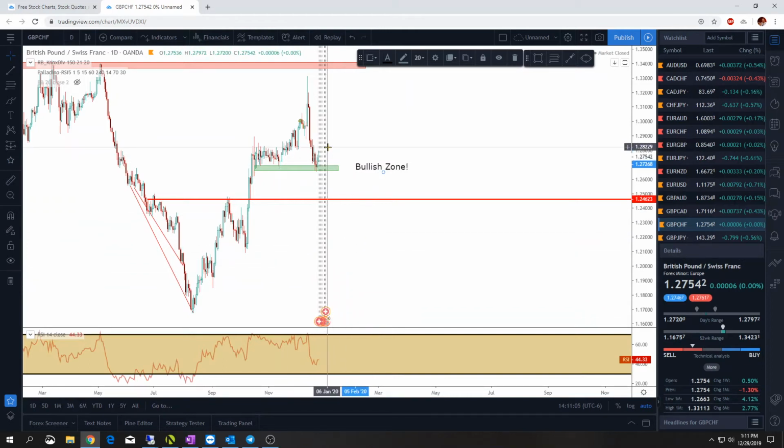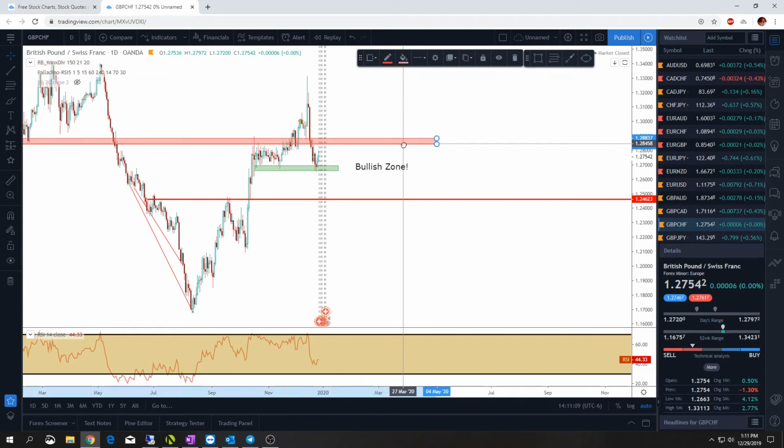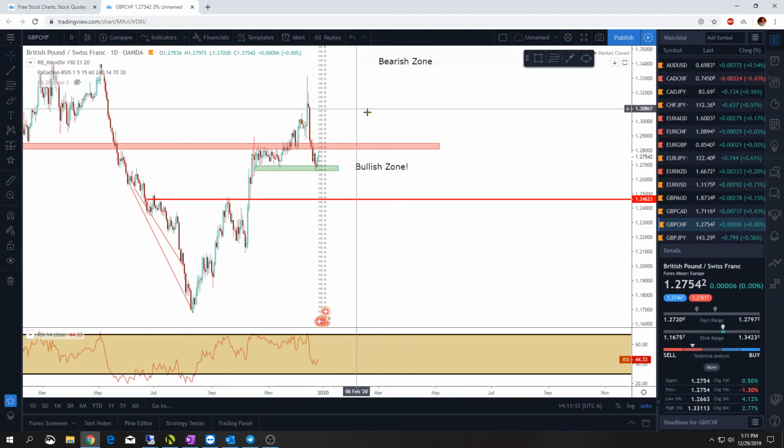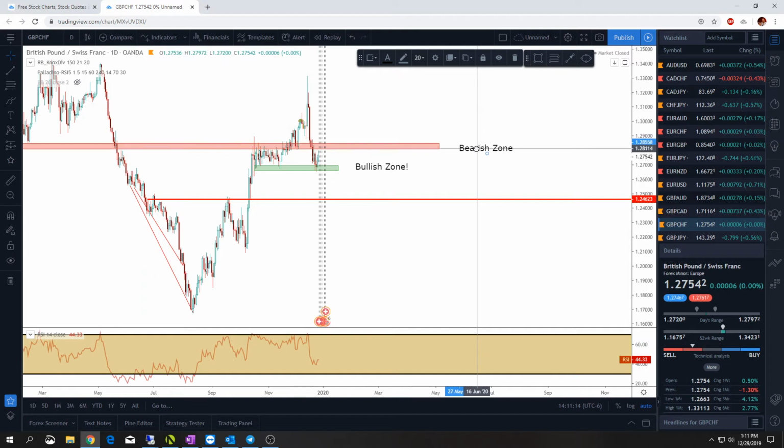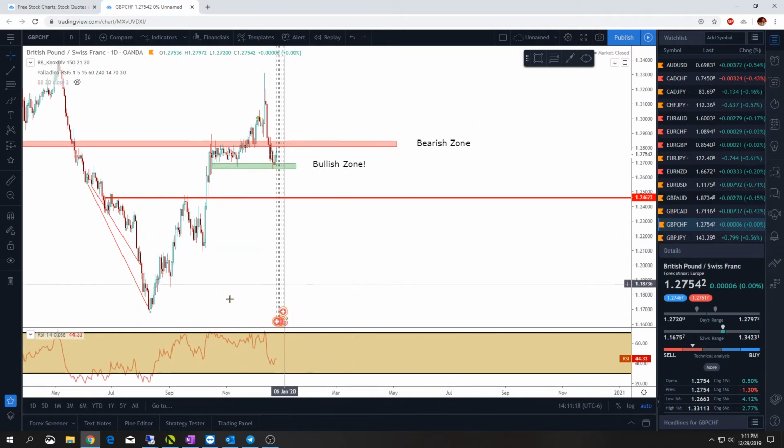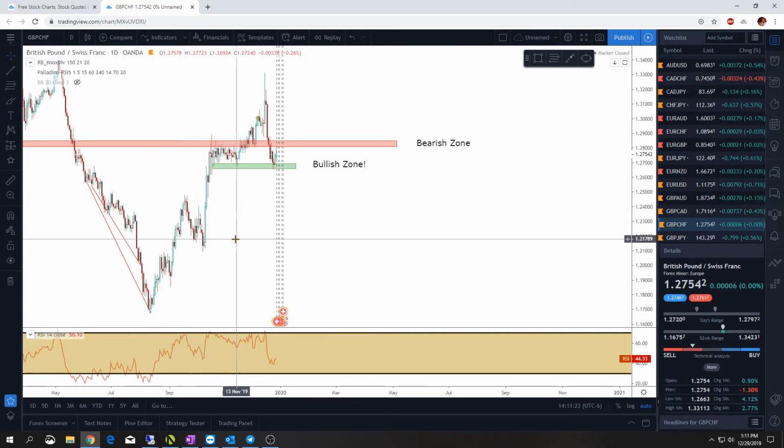But obviously, if we break above this level-ish here, I want to be bearish here. But if we get a break of that, I'm probably going to have to close those trades for a little bit of loss and move on and get back on the horse and make our money back.